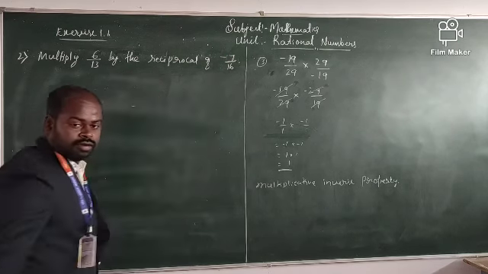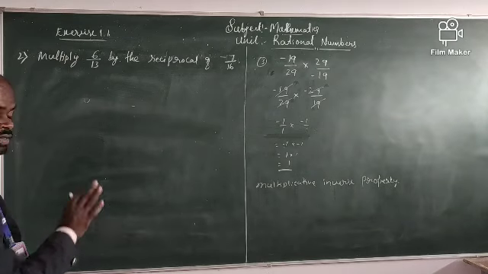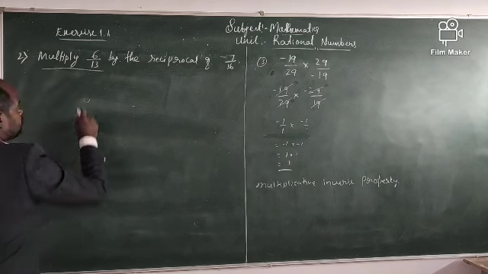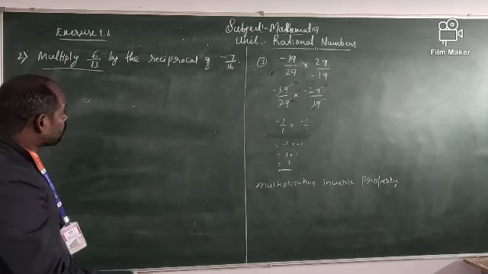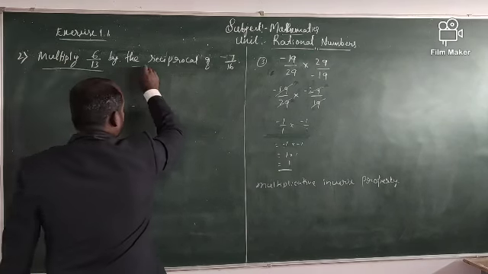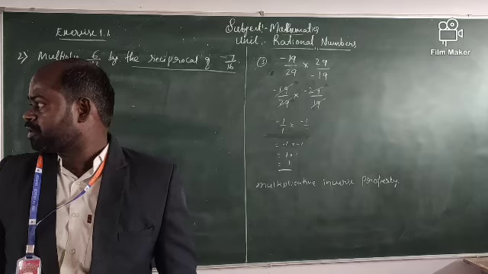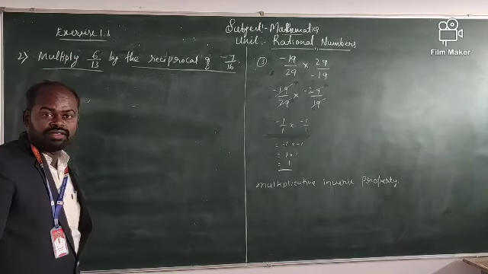Okay, dear students, first read the question carefully. The question is multiply what? 6 by 13. For that, what to do? The reciprocal of minus 7 by 16.